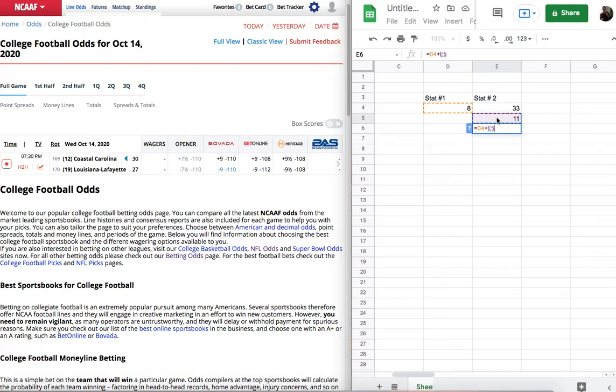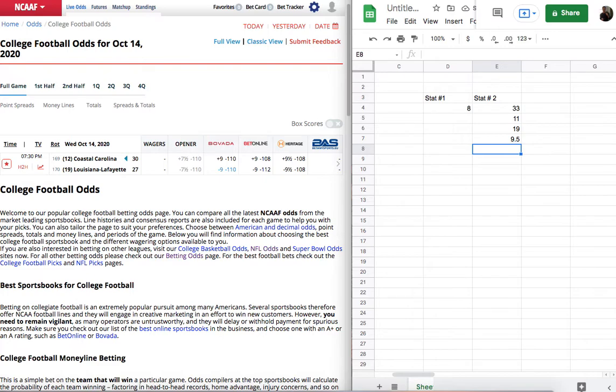There we go, so we get 19. That's the total number. And if we divide the 19 by 2, then that number becomes 9.5.